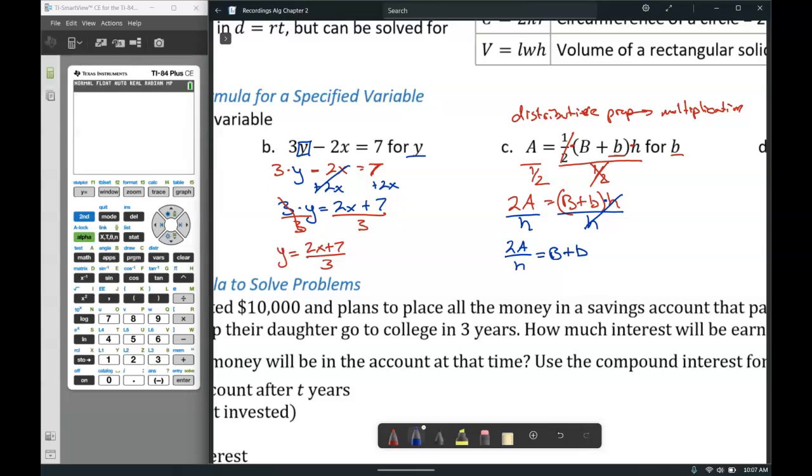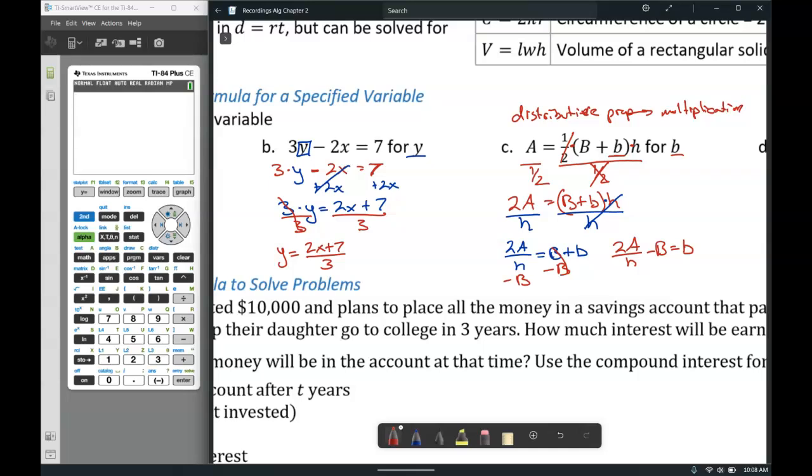And then if we want to get this lowercase b by itself, all we have to do is subtract the uppercase B, and we're left with 2a over h minus B equals b. Now note, in formulas, we can use the same letter and use different capitalization to represent a different value. So uppercase B and lowercase b are two distinct values.